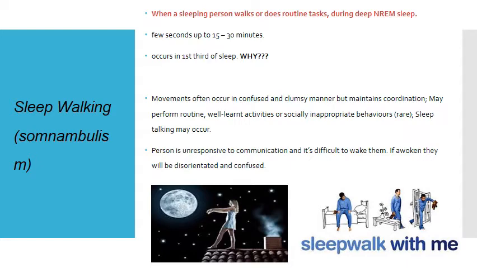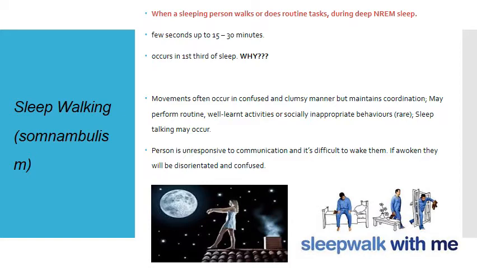In terms of the key symptoms, there's quite a range, and I'll explain all of them to you, but you don't really need to know them. Those who sleepwalk tend to have a range of mobility and activity during sleep. It varies in type, complexity, and duration. Movements tend to occur in a confused and clumsy manner, although in calm episodes they can maintain coordination.